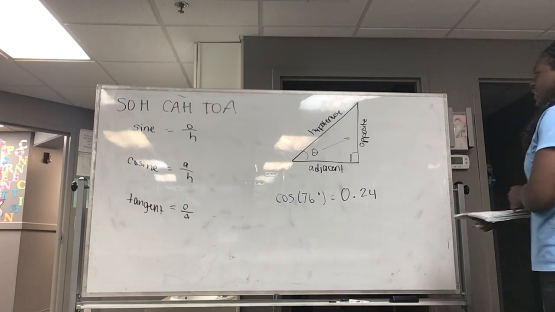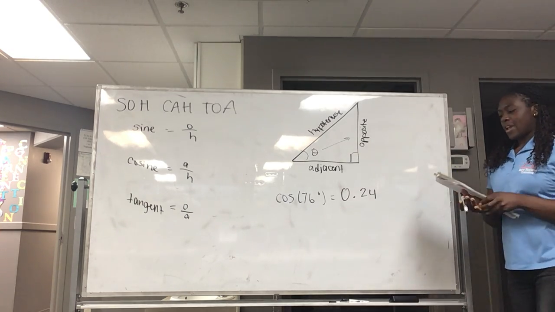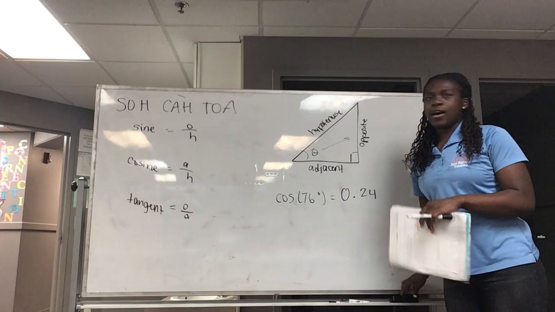So we talked about finding different angle lengths and then finding the side lengths last time with SOHCAHTOA. And then today we're going to talk about something called the law of sines.